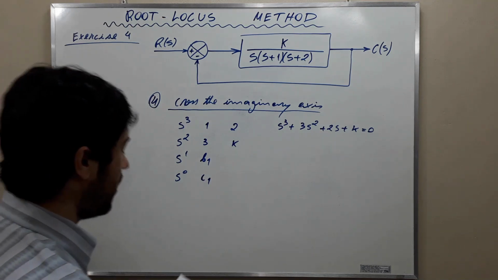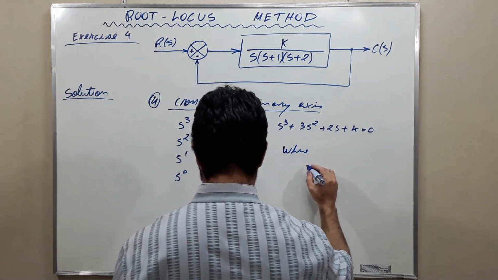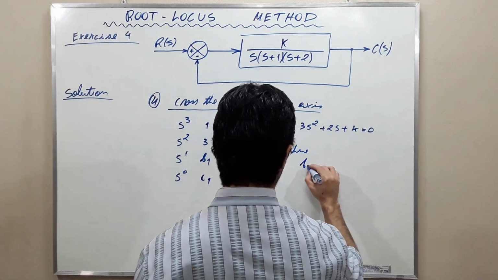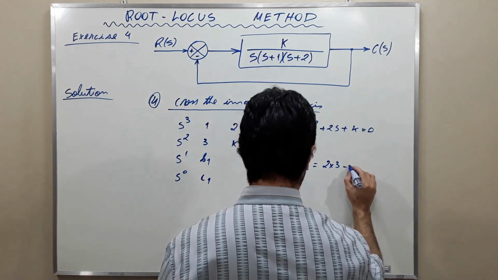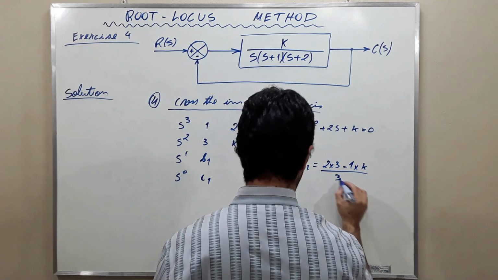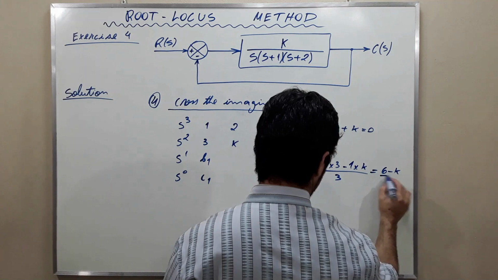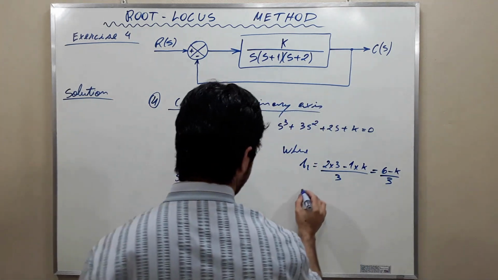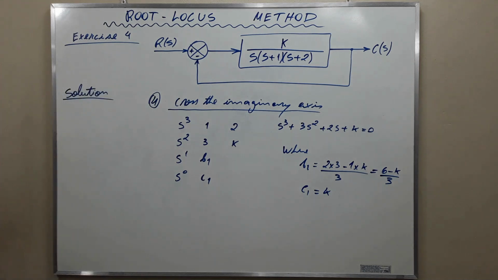Okay? Where B1 is equal to (2 times 3 minus 1 times K) over 3, which is (6 minus K) divided by 3. And C1 is equal to K. Okay?